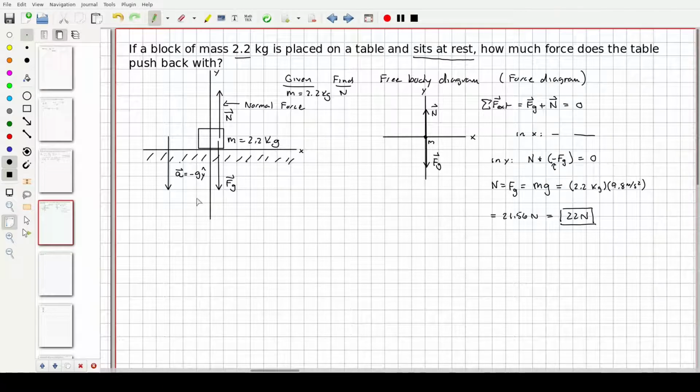So this, like I said, introduces the concept of the normal force. And anytime you have something in contact with something else and it's pushing into it, a normal force is created.